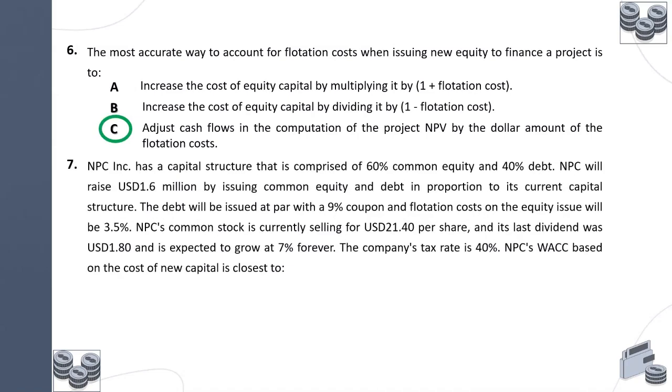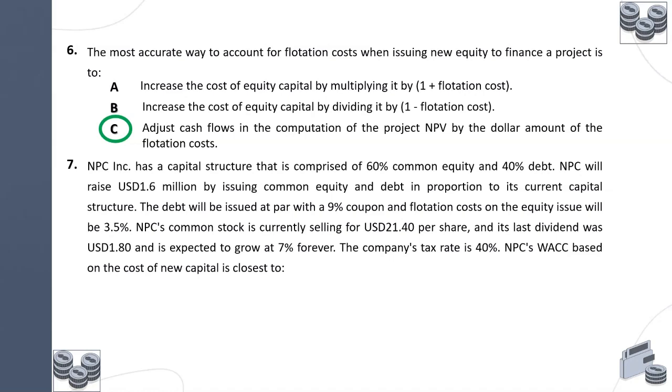Let us move on to question number 7. MPC Incorporated has a capital structure that is comprised of 60% common equity and 40% debt. So the capital structure is 60 to 40%. The company will raise $1.6 million by issuing common equity and debt in proportion to its current capital structure.